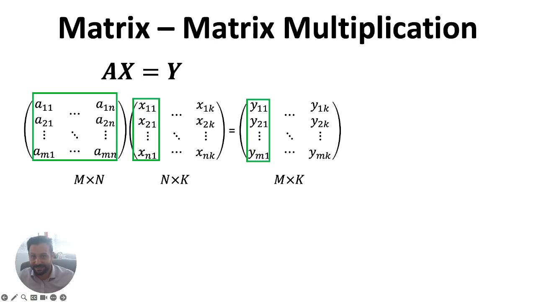So you can stack the data points in that dimension, and matrix A can be applied in parallel to every column of the matrix X. When you multiply A by the first column of matrix X, you get the first column of matrix Y. And when you multiply the same matrix with any column of matrix X, you get that column of matrix Y.